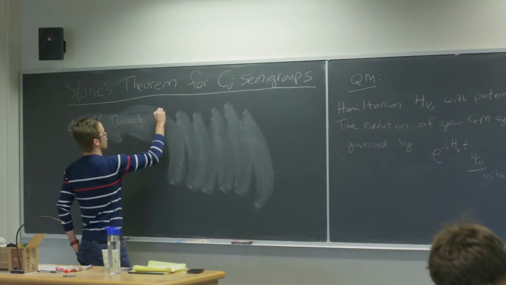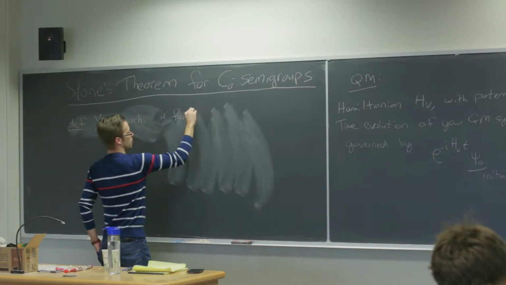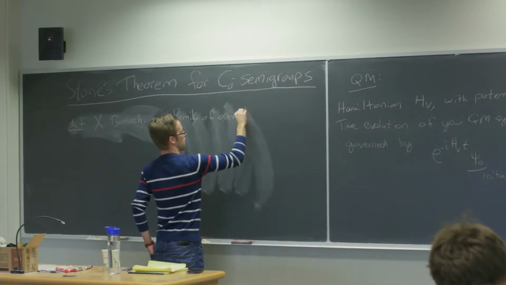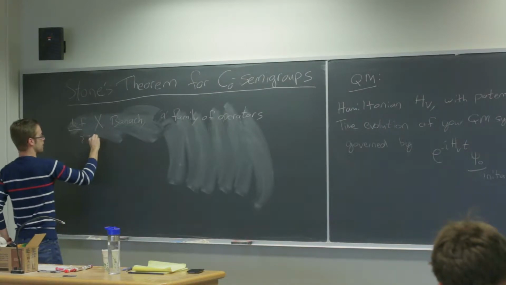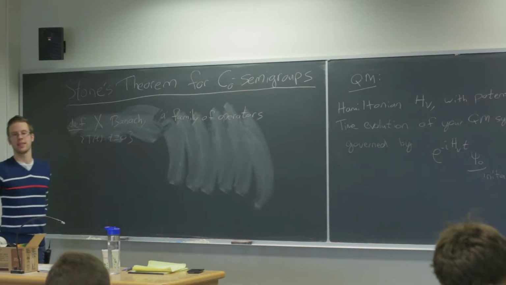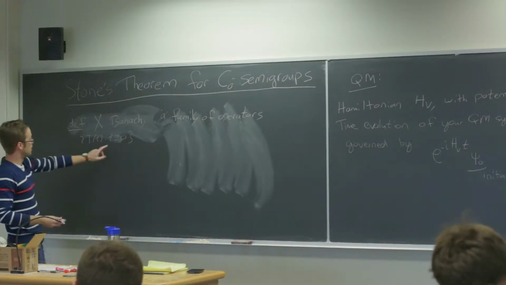So X is going to be a Banach space, a family of operators, I'm going to write it in this way, T(t) for t positive. Little t I'm always going to be thinking of as a time index because I'm thinking about some time evolution of some field, whether it's some quantum mechanical field or an electromagnetic field. In any case, think of t as time.